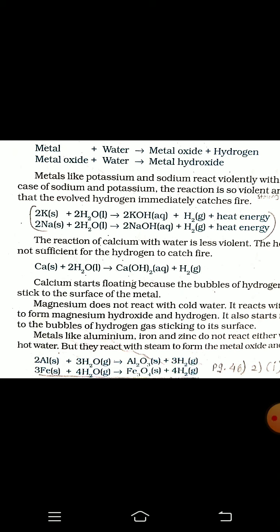Potassium, 2K, plus 2H2O forms 2KOH, that is potassium hydroxide, plus H2, that is hydrogen gas, and heat energy. Similarly, 2Na, that is sodium, plus 2H2O, which is water, gives us 2NaOH, that is sodium hydroxide, plus hydrogen gas, and heat energy is released.